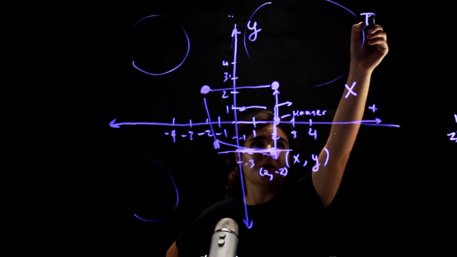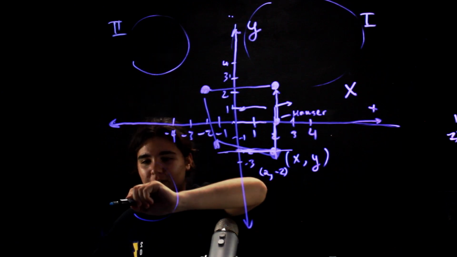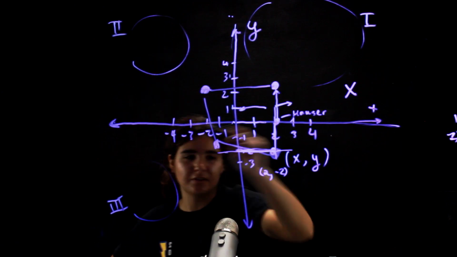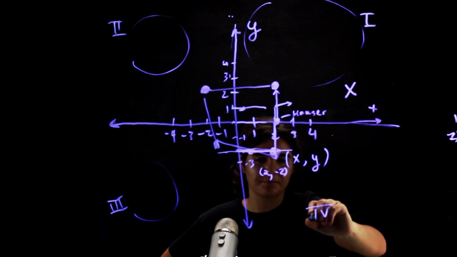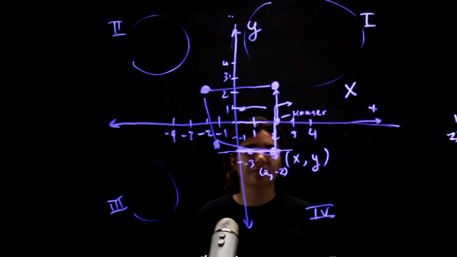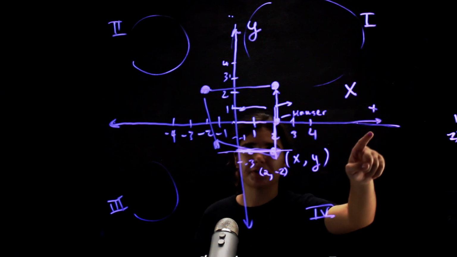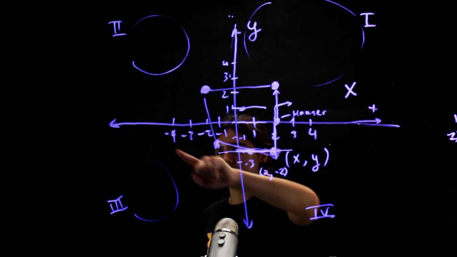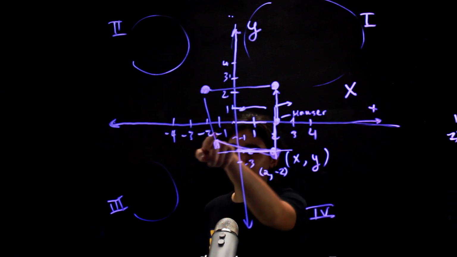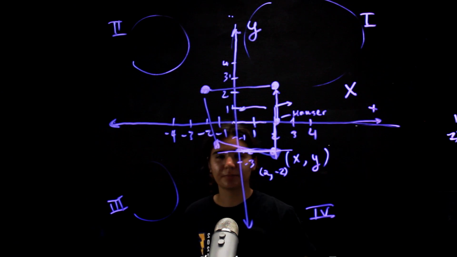This one is called quadrant 1, and you write it in Roman numerals. This one's called quadrant 2, this one's quadrant 3, and this one is quadrant 4. You really do this later on because it helps you realize that quadrant 1 is associated with the x being positive and the y being positive. Quadrant 2 is associated with the x being negative, right, all these negative values, but the y still being positive. So that's a lot more helpful later on.